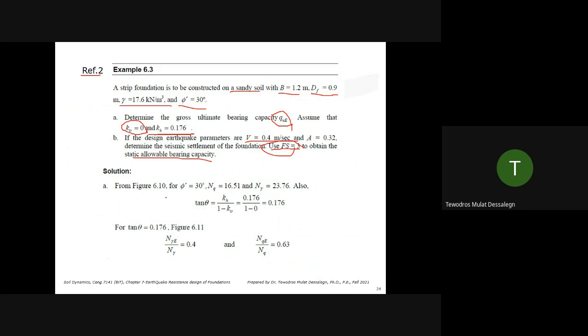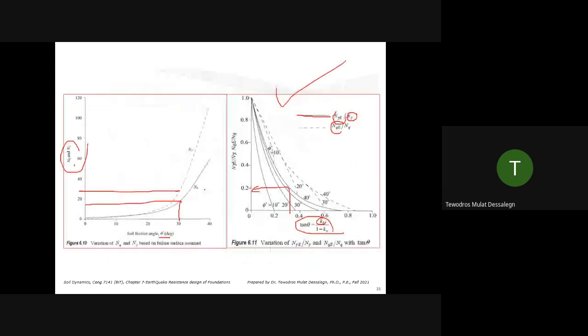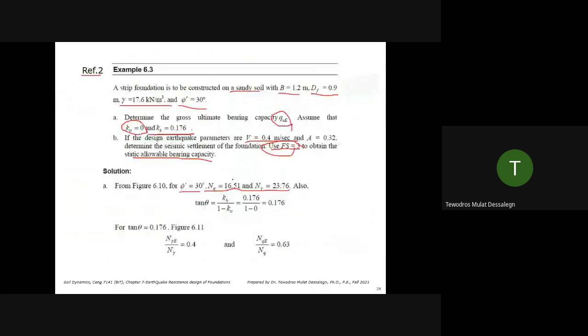So from 6 to 10, for phi equal to 30 degrees, you can estimate the static bearing capacity factors. 6 to 10, I provided you here, I believe. Yeah, this one. For 30, you can estimate the corresponding values, NQ and N gamma, somewhere around a little above 20 and a little below 20. 16.51 and 23.76. Phi, the seismic coefficient factor, you can estimate it. The vertical coefficient is 0, KH is 0.176.